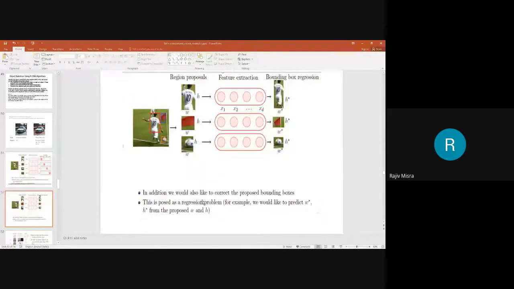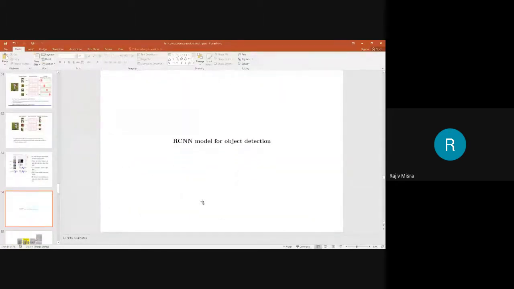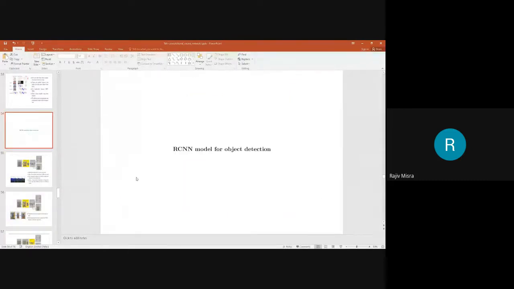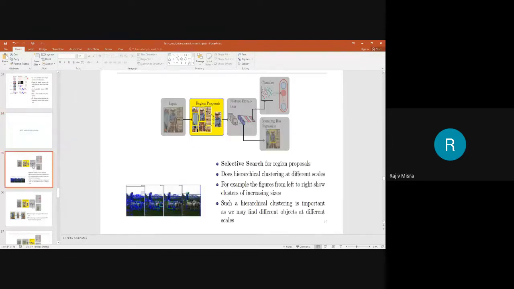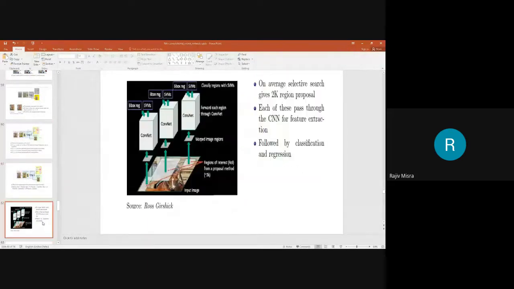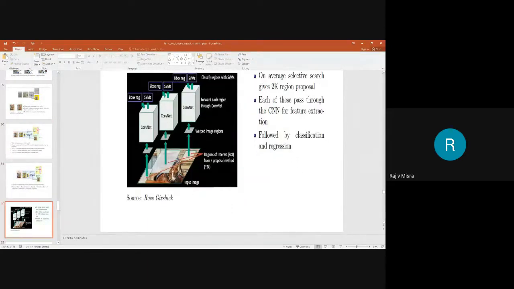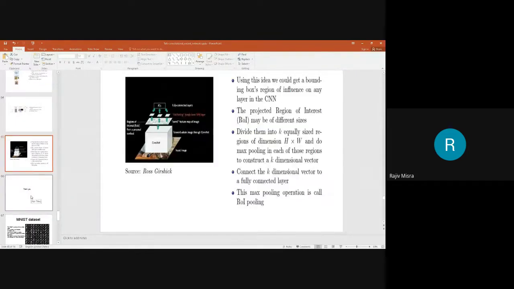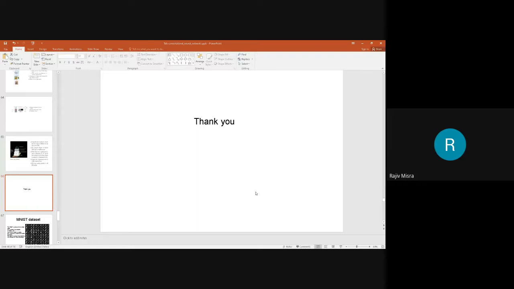If anyone wants to ask these questions, you are required to study beyond this CNN, that is called RCNN, the region-based CNN, and a lot of development has happened in these models to make them faster so that they can be used in self-driving cars and all that. So I have skipped all that intentionally, and now it is time to ask questions from the audience. If you have any questions, feel free to ask at this moment.